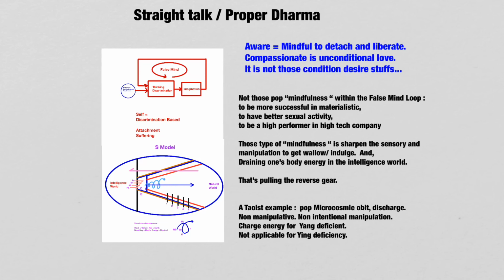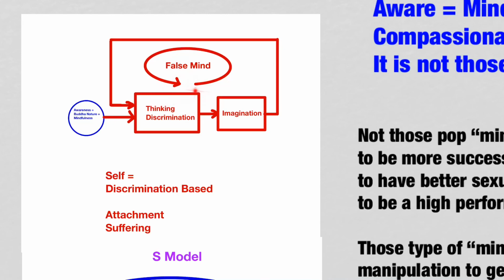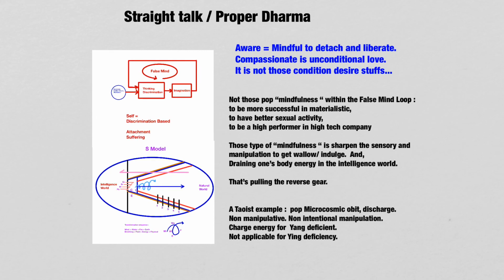One is not saying, I want to be the top chief engineer in the XYZ high-tech Silicon Valley company, and thus I practice mindfulness. What is that? You start here already, wanting to be the top design engineer, design guru, making millions of dollars with stock options. That's already here, and one practices so-called mindfulness meditation to get one loop more in here. It doesn't make sense, right? If it is real, true mindfulness.